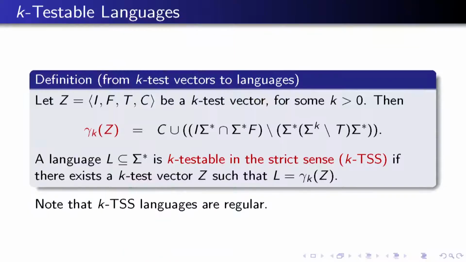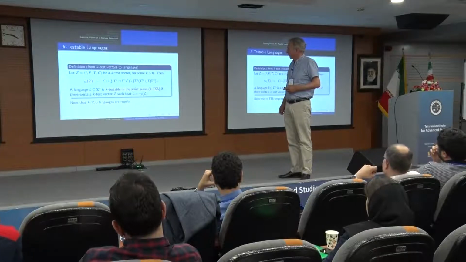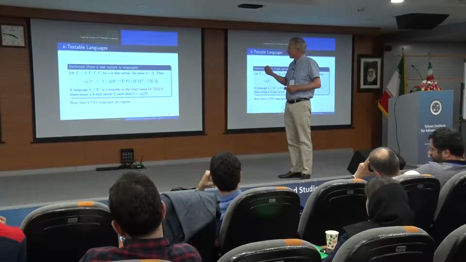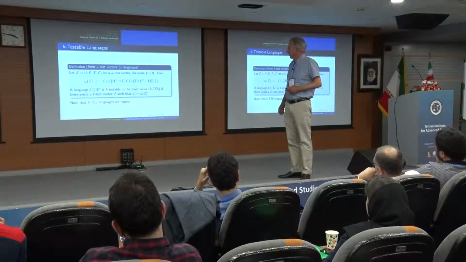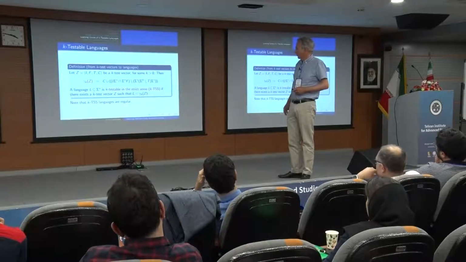So this is a simple regular expression describing exactly what are allowed window languages. So immediately we conclude that window languages, also called KTSS languages, testable in the strict sense, are regular.